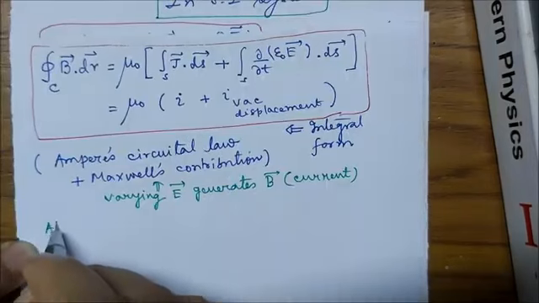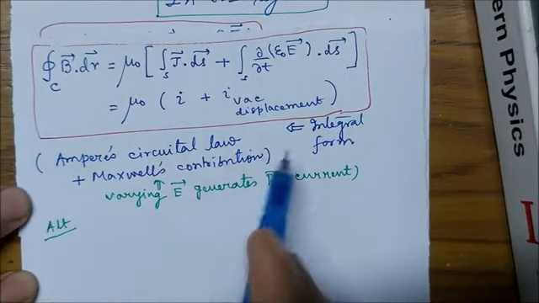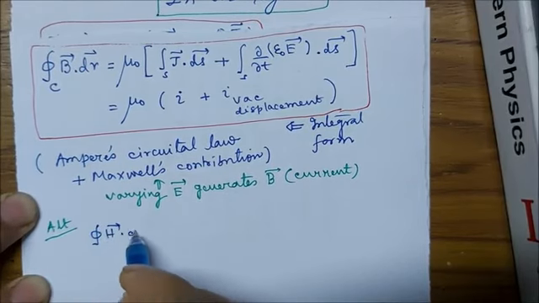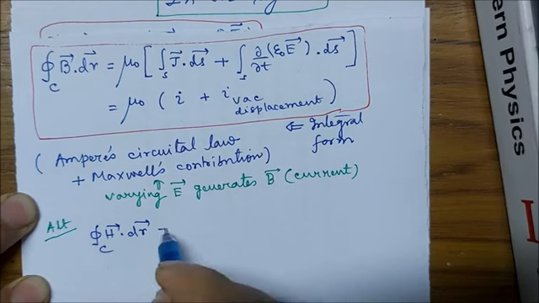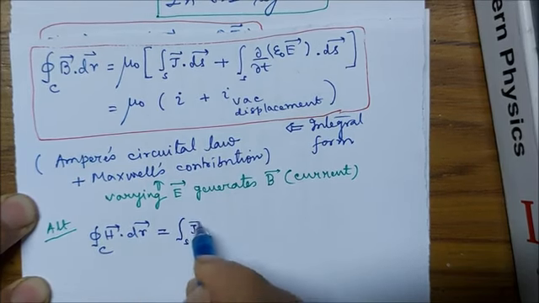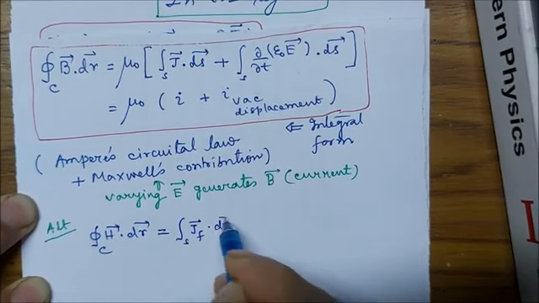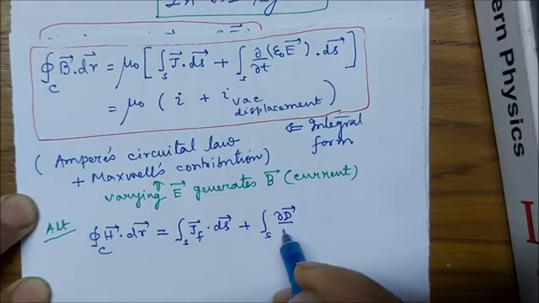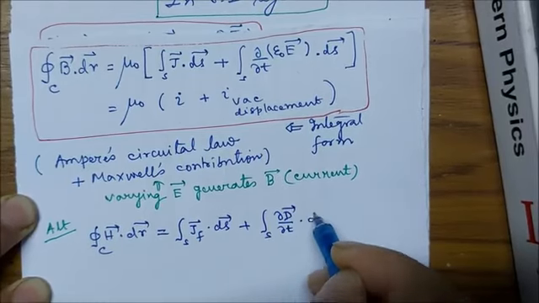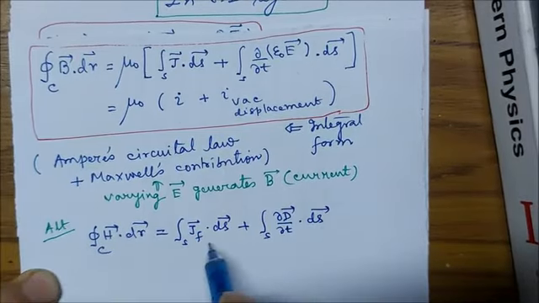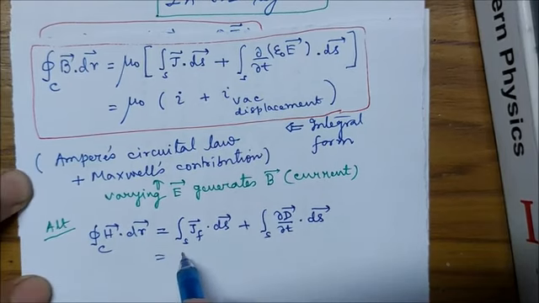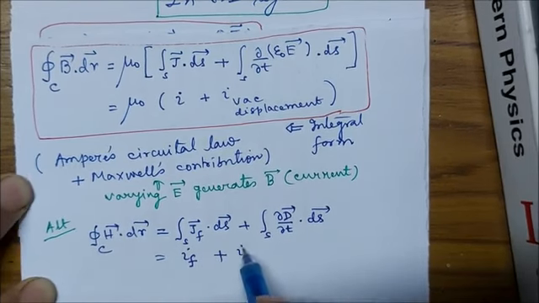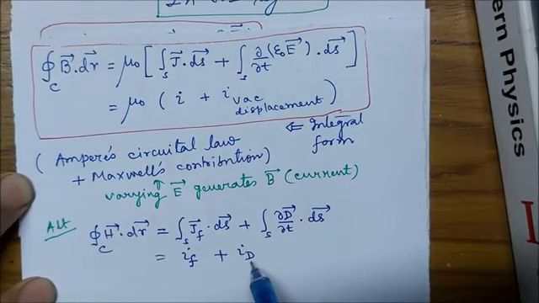Let us write down the alternate forms of this integral form, which is, and this term corresponds to free current density, so it will be free current, and this one is called displacement current.